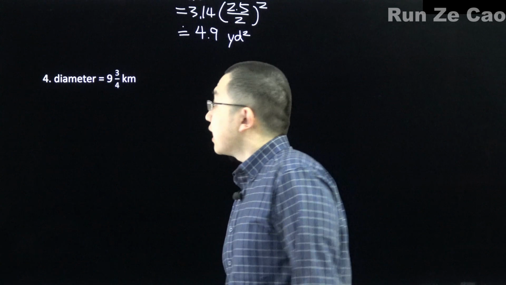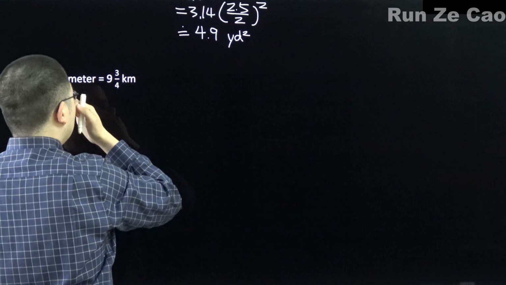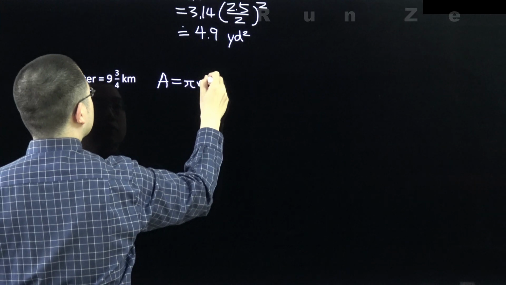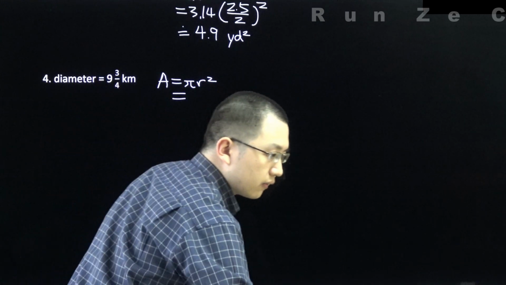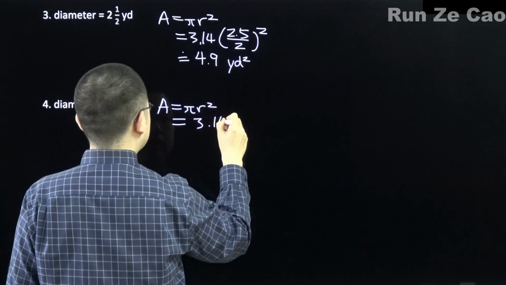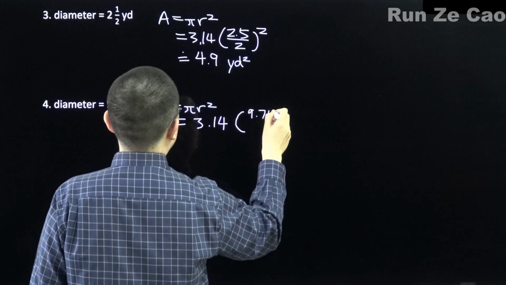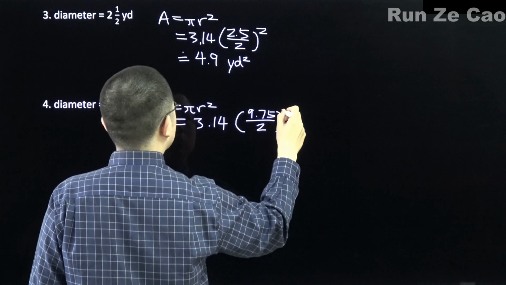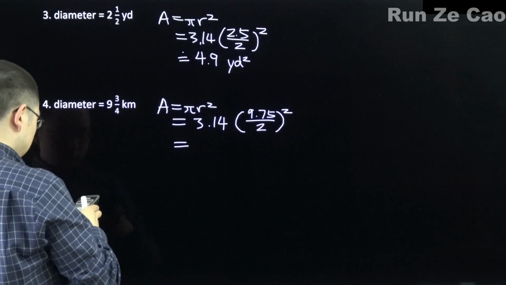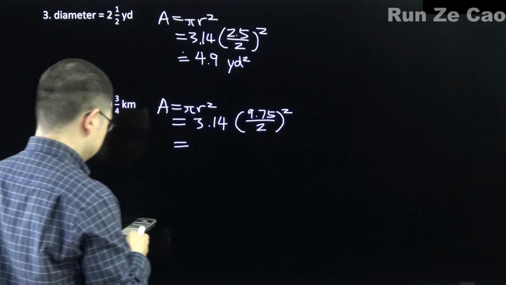Now let's say we have a diameter of 9.75 kilometers. Okay, well, this is still area equals pi r squared, which will still give us 3.14 as the question specifies, and then 9.75 divided by 2 squared. 9.75 divided by 2 squared times 3.14.